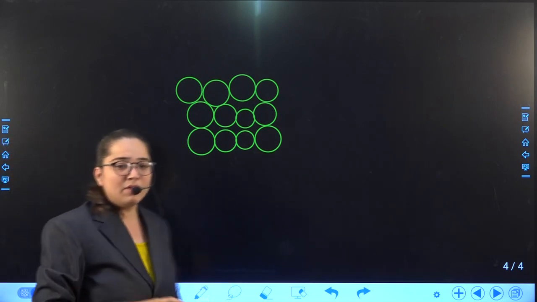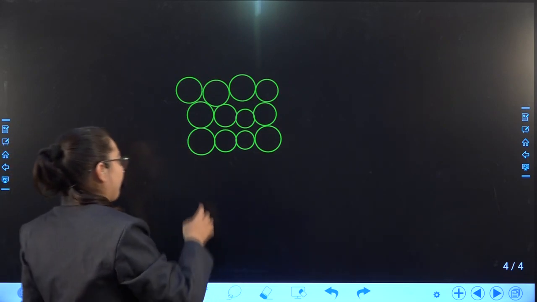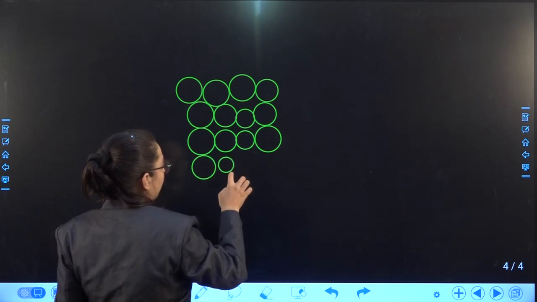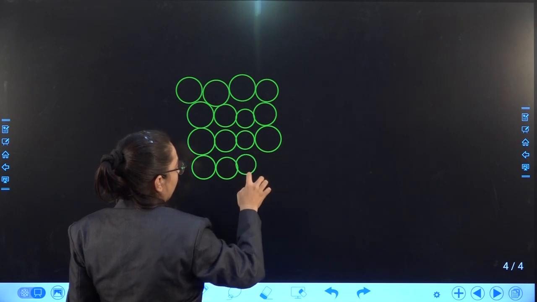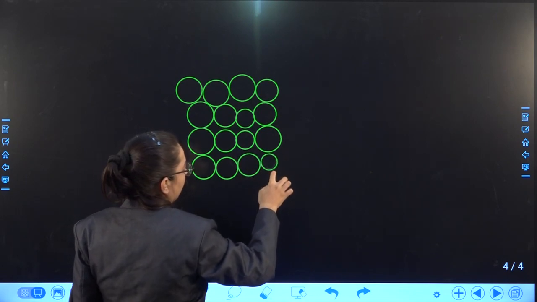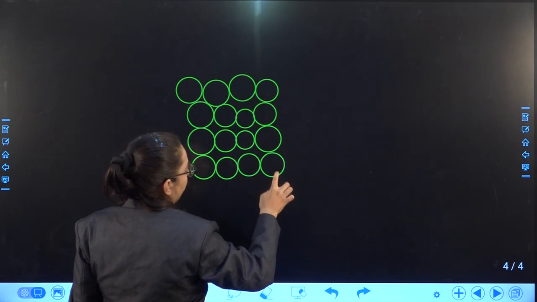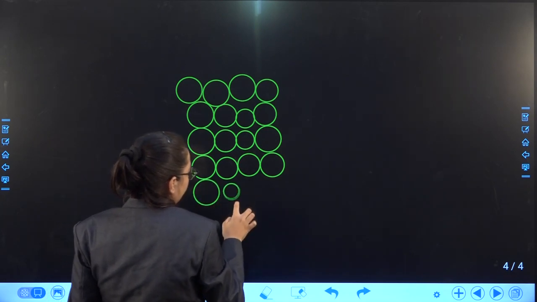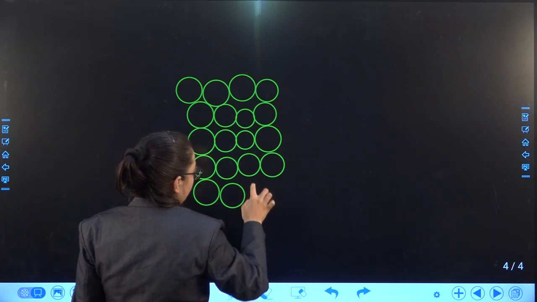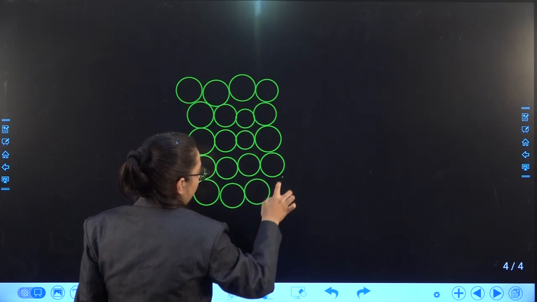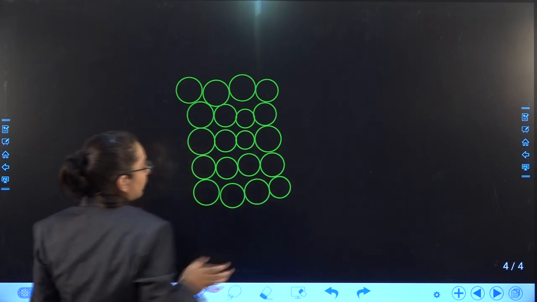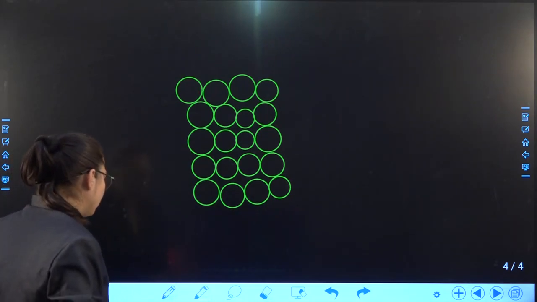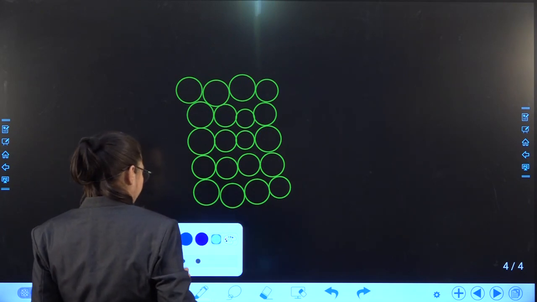And all the atoms of the gold were arranged next to each other.